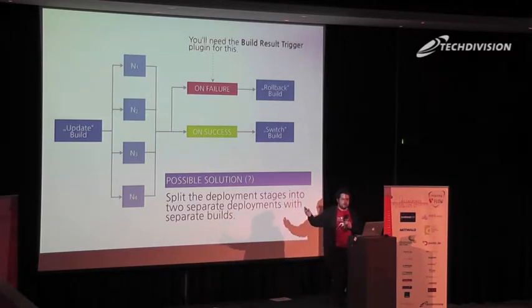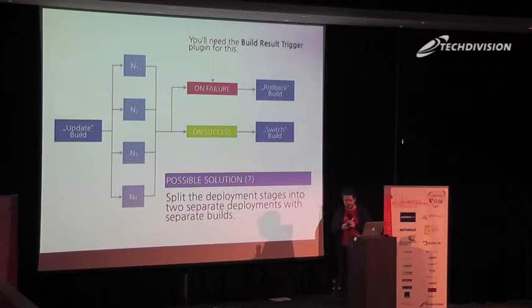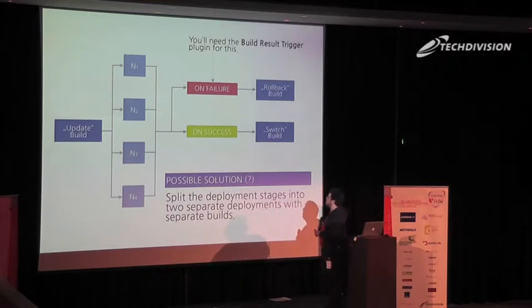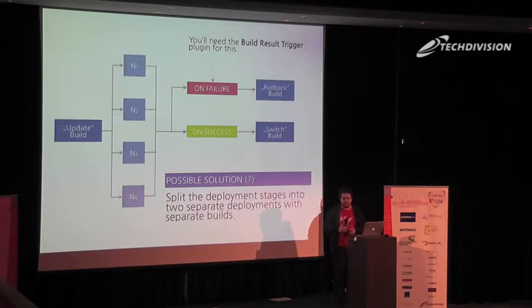Then you could do the rollback on the remaining nodes. Again, I'm not so sure if this would really work. I haven't tested it myself because at Midwald we usually don't have the need for massively parallel deployments. So I'll just leave that open for discussion afterwards.